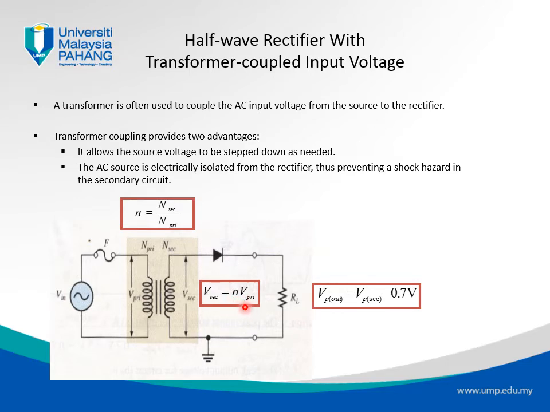So that's the only thing that we need to take into account, that V secondary, the voltage across the load, is N multiplied by the V primary. And if we want to make it accurate, the V at the output across the load, we have to take away the amount of the bias voltage as well, right?